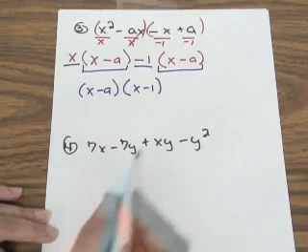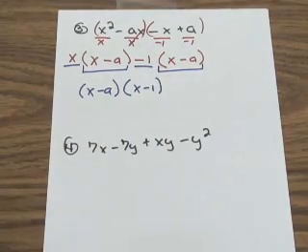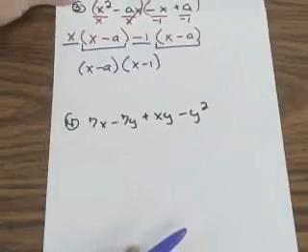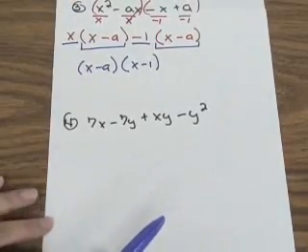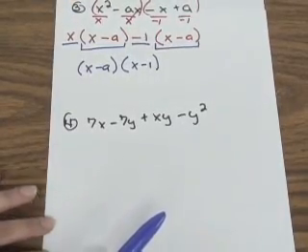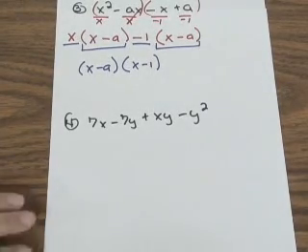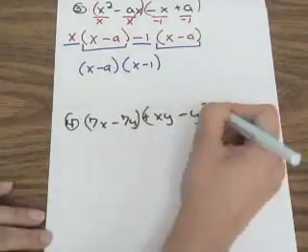In the first binomial, I can see that the common factor is 7. After I factor out the common factor of 7, I'm left with x minus y. Let's look at the second set. xy minus y squared, I can see that the common factor here is y.